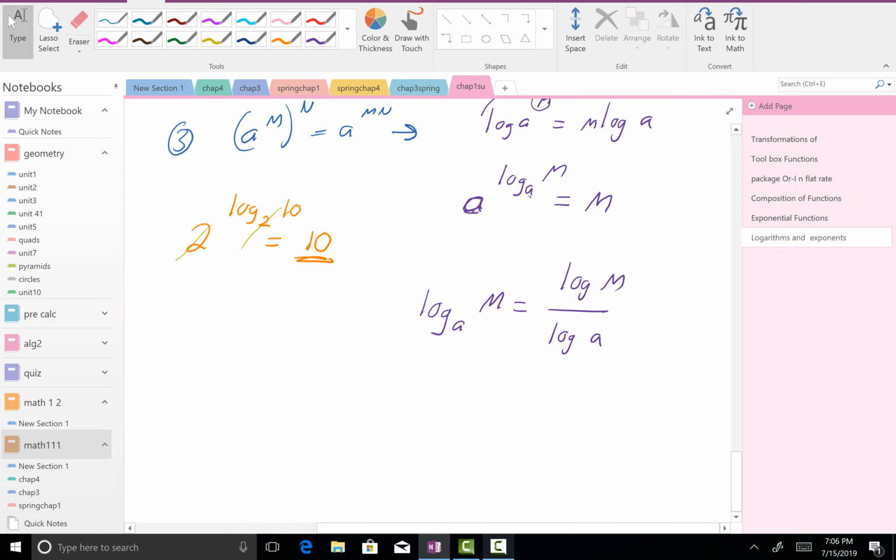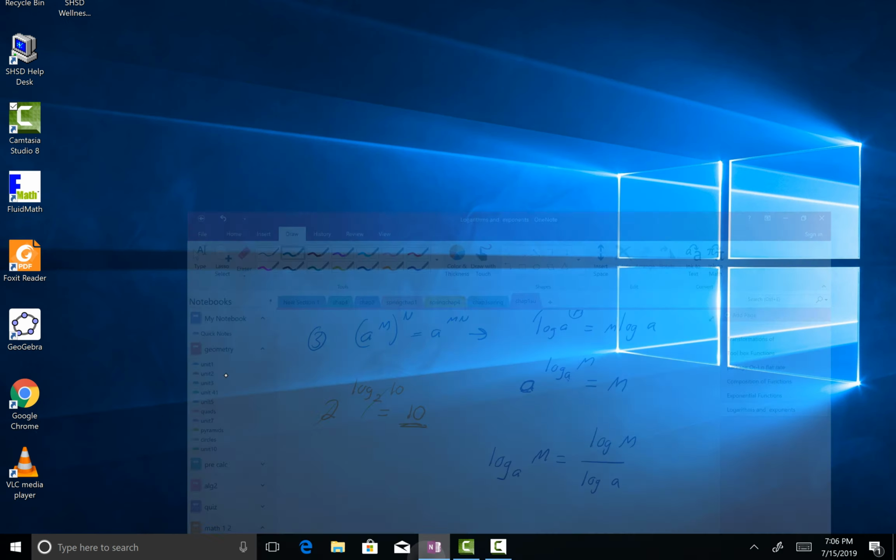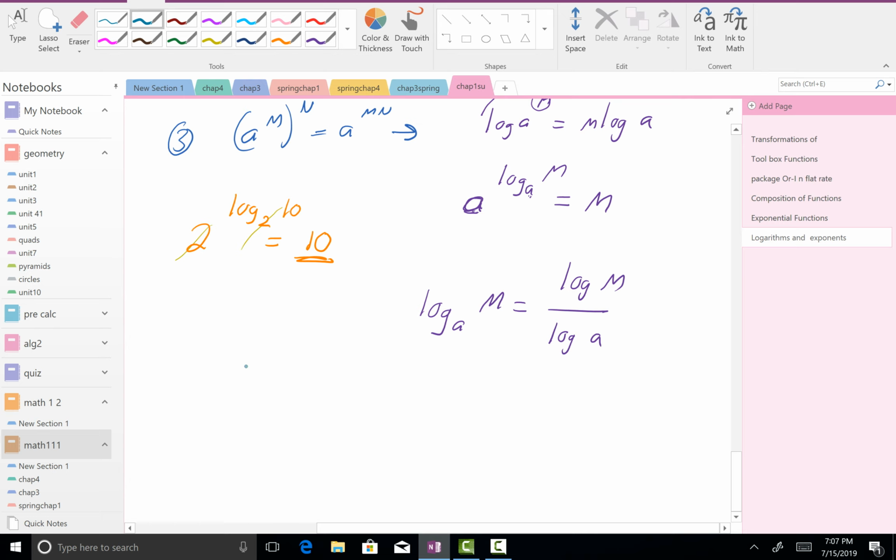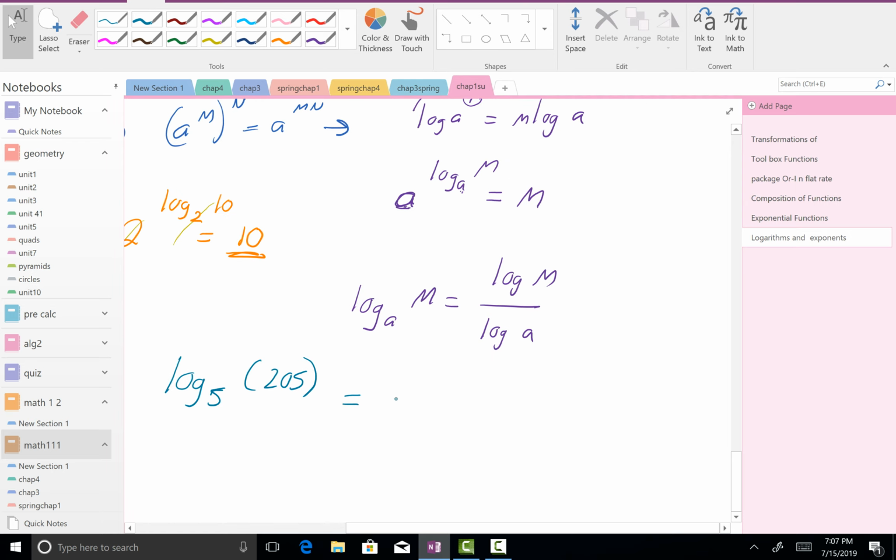So back before all this technology was around, and you had the log of, say, 205, and the base was 5, there was no way really of figuring that out. So then you used the change of base. It was pretty helpful. And you could switch it to whatever base you wanted. And you would always choose base 10 because you could use your calculator to figure that out.